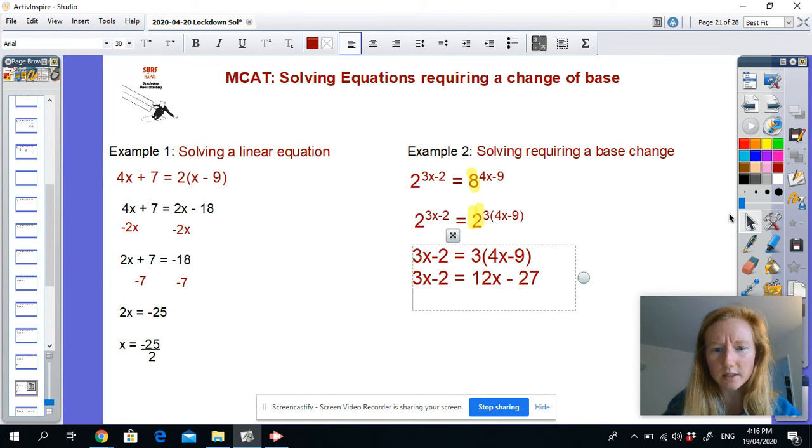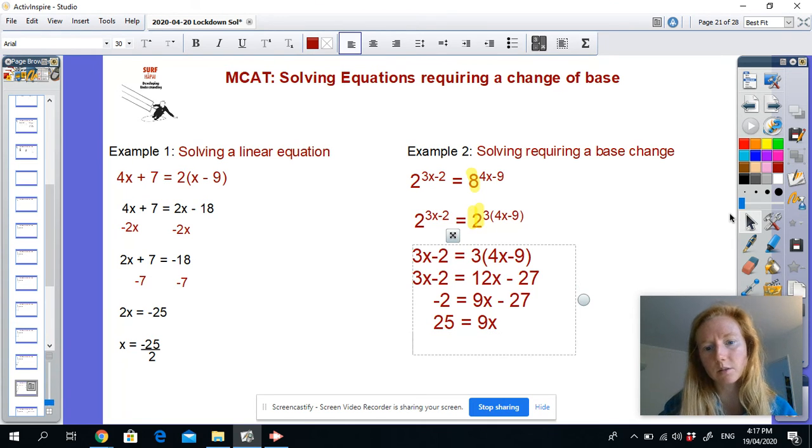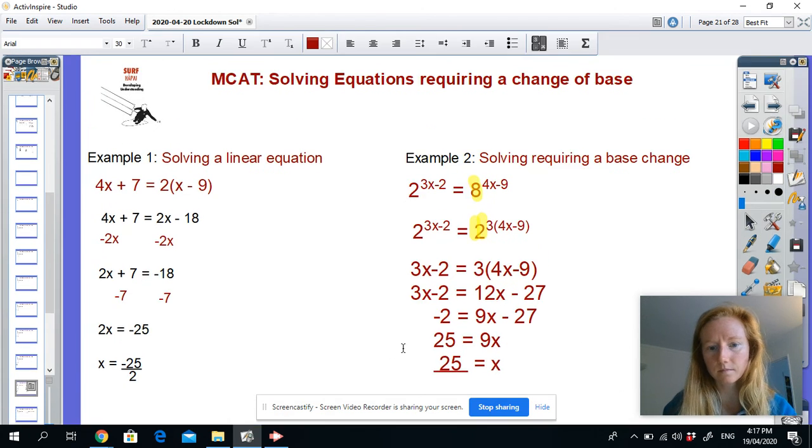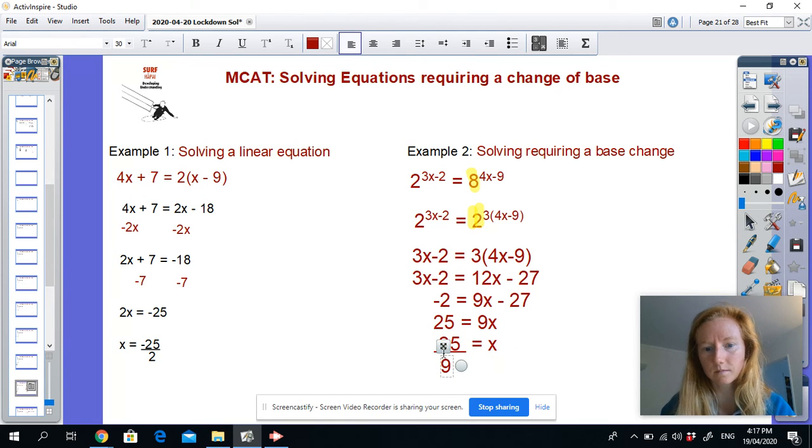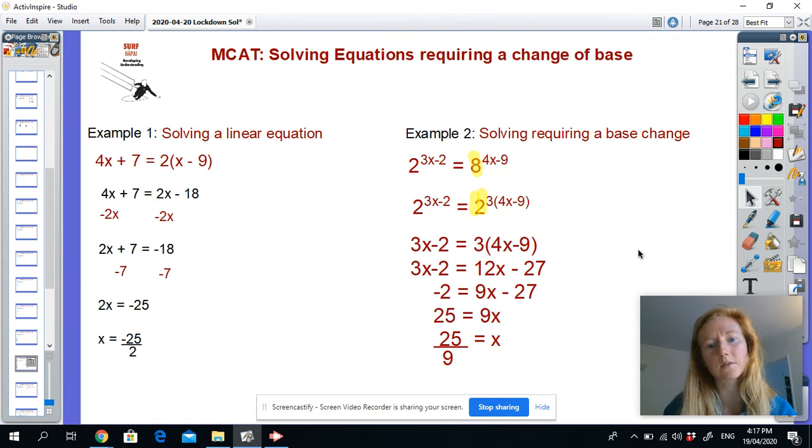Smallest x is 3x, so I'm going to take away 3x from both sides. Then I'm going to add 27 to both sides. And then I'm going to divide by 9. To leave us with x is 25 over 9. Can't simplify that fraction, so we will leave it there.